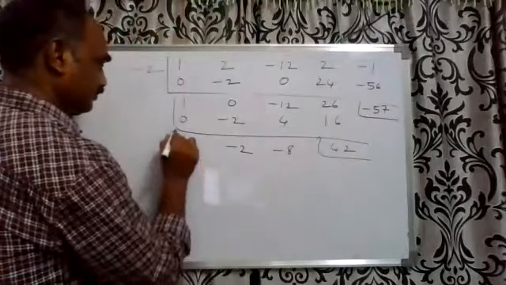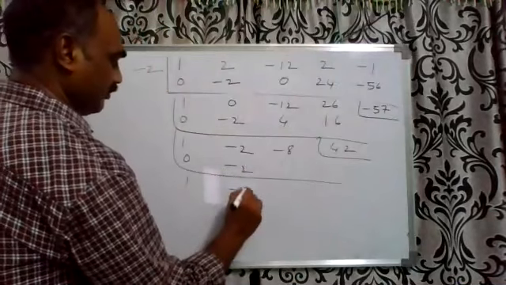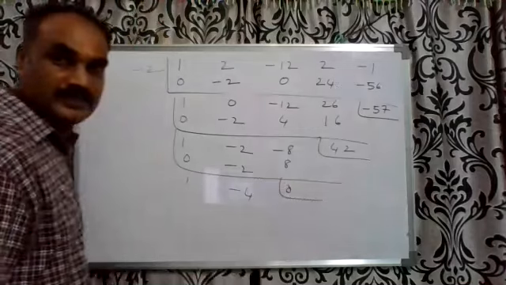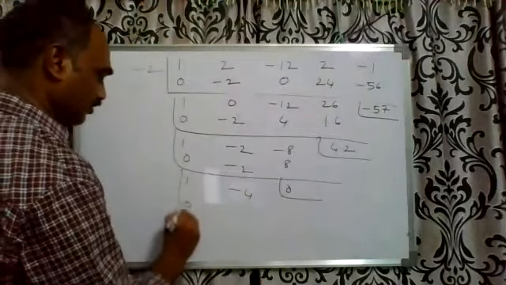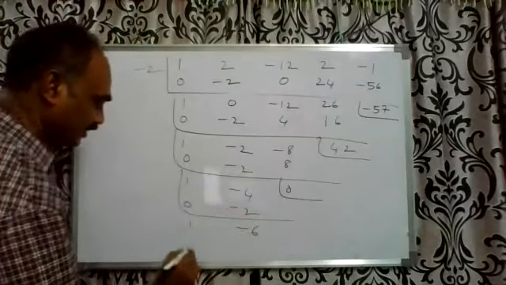Next 0, 1, 1 into minus 2, here minus 4 into minus 2, plus 8, 0. Next 0, 1, 1 into minus 2, here minus 6.